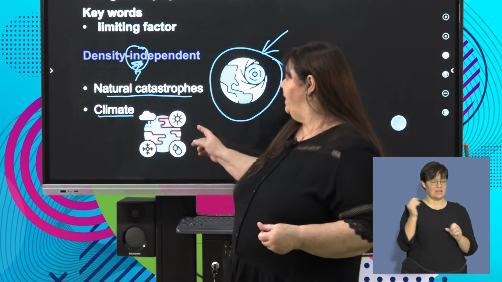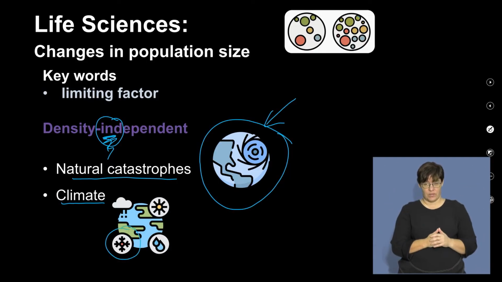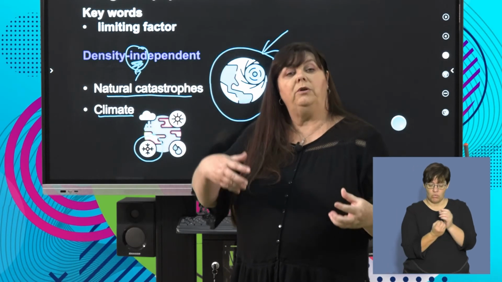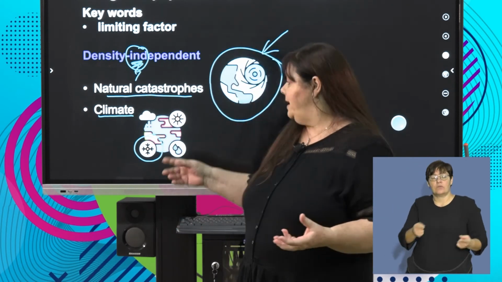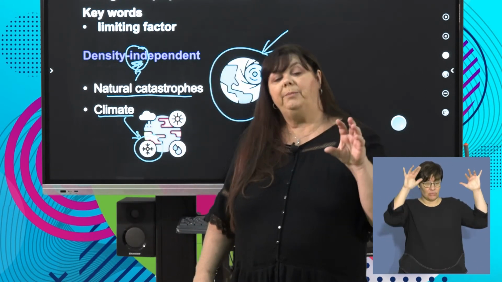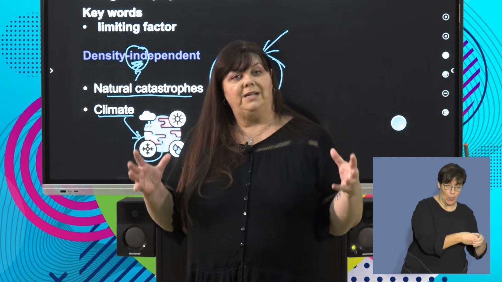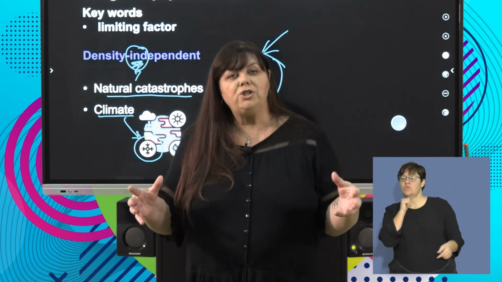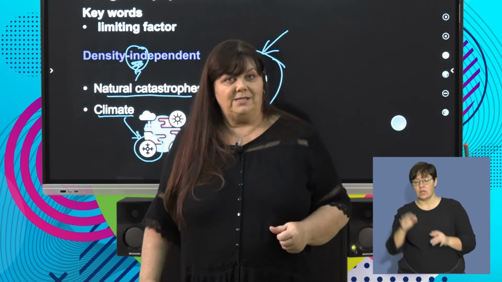If we think about snow falling, that's going to stop growth or cover plants for a particular group of animals to eat, we're going to see that climate is going to affect the populations irrespective of whether that population is dense or large or not so dense and a small population size.